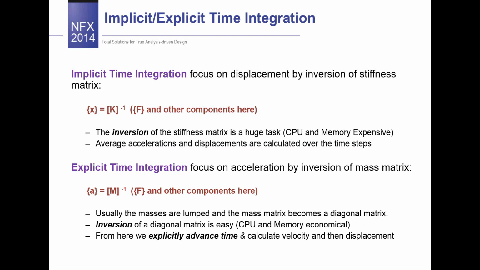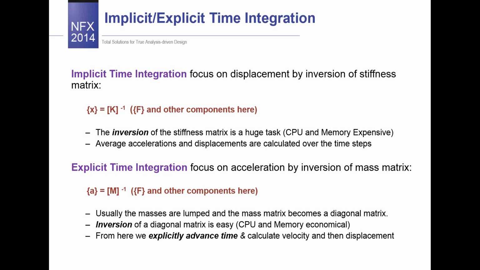And implicit time integration focuses on displacement by inversion of the stiffness matrix. And this process, this inversion of the stiffness matrix, is a huge task for your CPU and for memory. Also, the feature of this method is that average accelerations and displacements are calculated over the time steps.